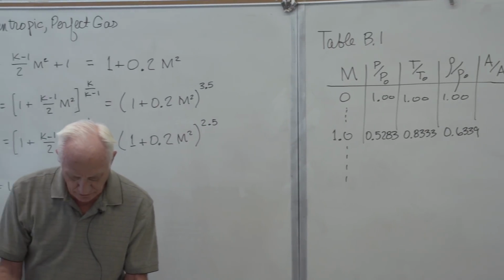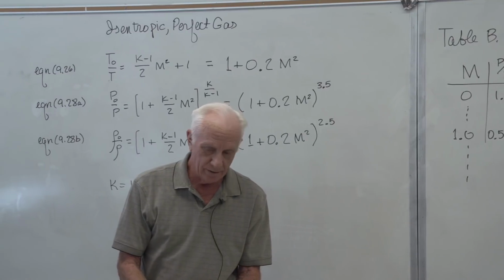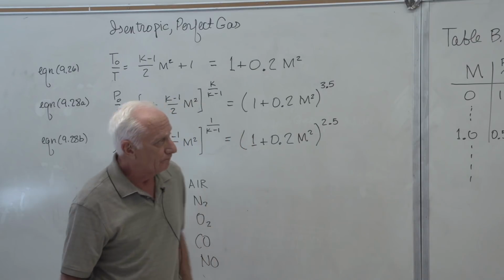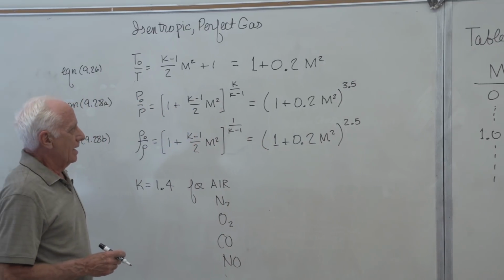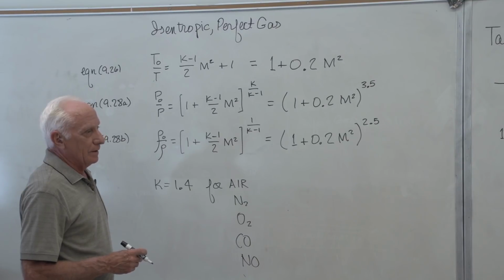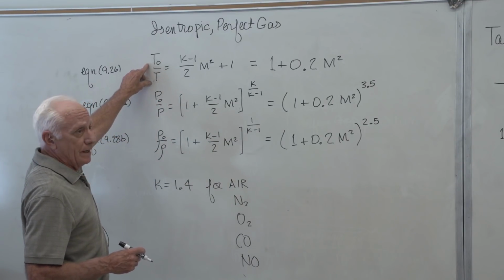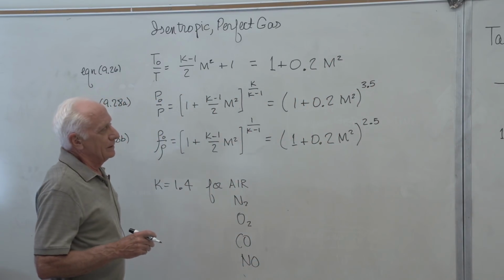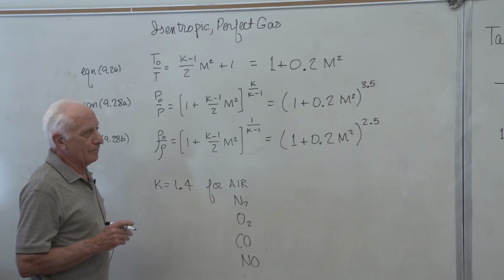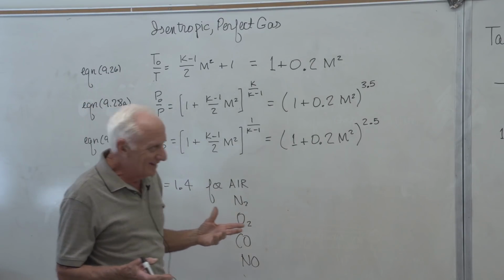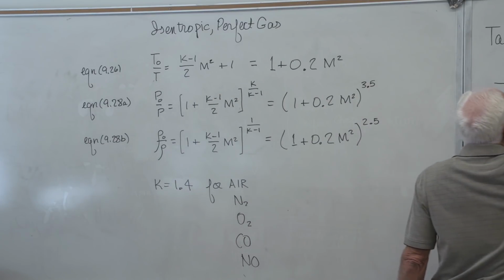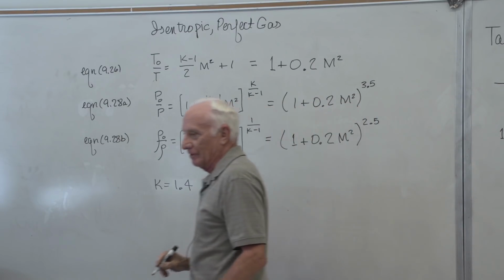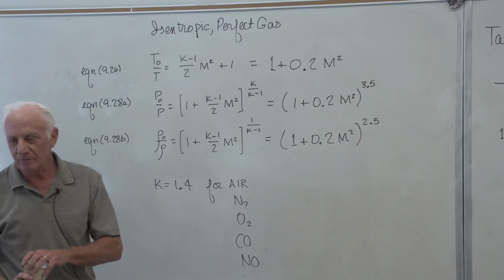So you can use the table, or you've got the equations. That kind of choice is up to you. Notice they're flip-flopped: T naught over T, T over T naught. Now, when you use table B1, you just have to make sure that K is 1.4. Don't use it for a gas where K is not 1.4, obviously. It's only meant for gases with K of 1.4.